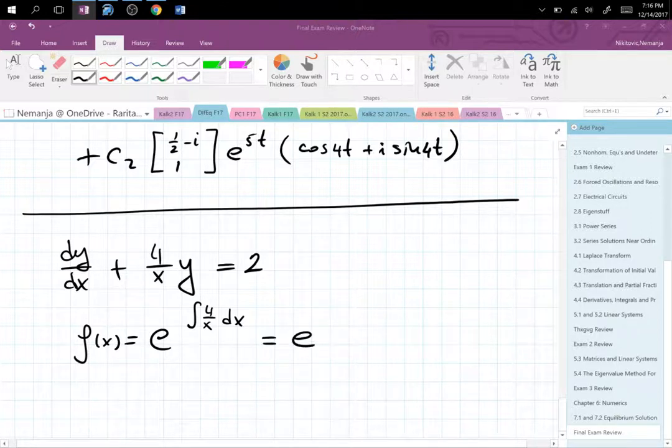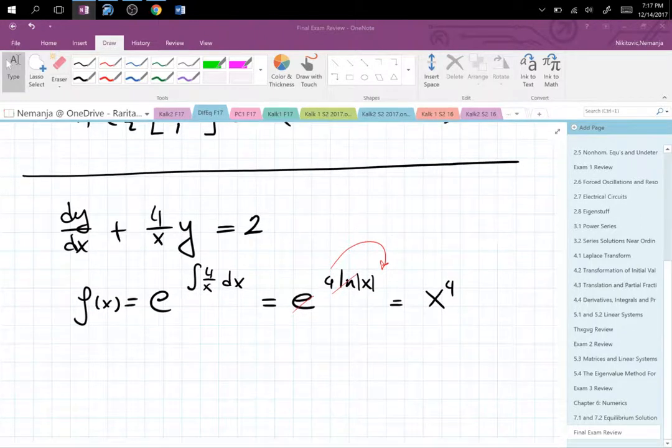So now this is e to the 4 ln of x plus c. Now this is just x to the 4th, because the e takes out that ln x. The 4 will jump as the exponent of x, and then ln will annihilate e, and you just have x to the 4th.